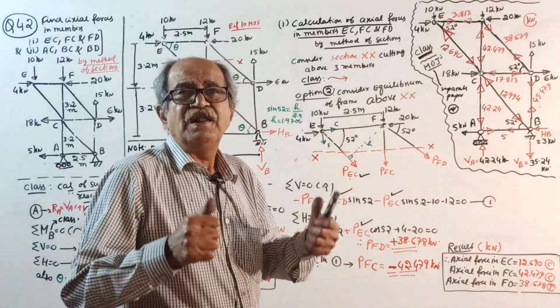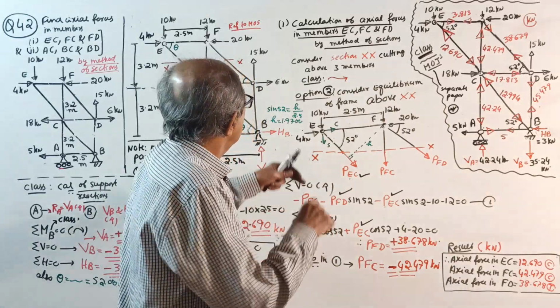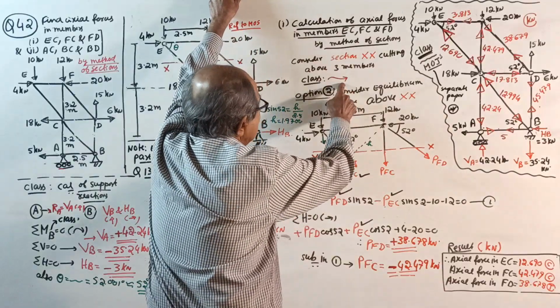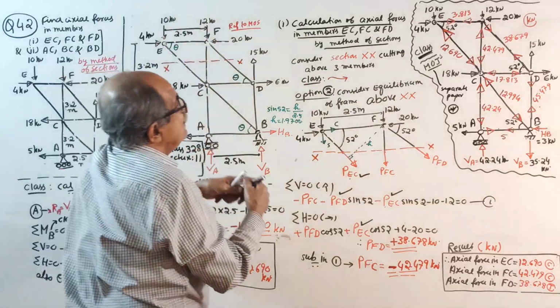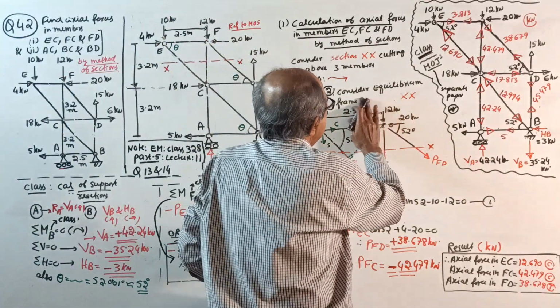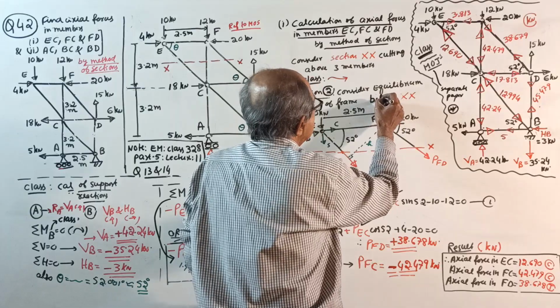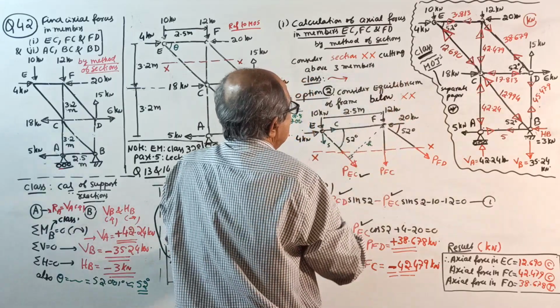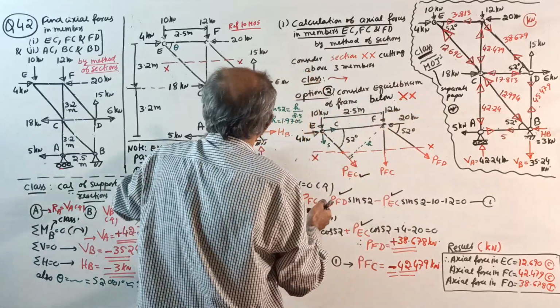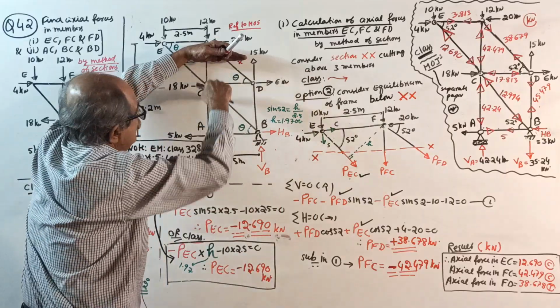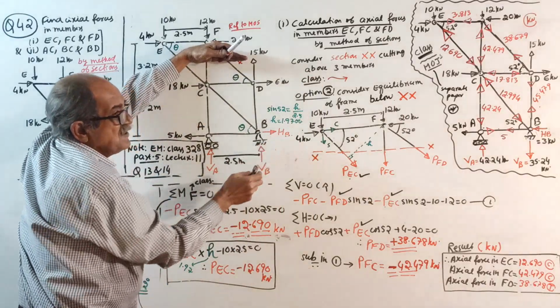But for a thorough understanding, let us see what happens when you cut here. If you look downside, equilibrium is not above, below XX. If you cut here, below XX, reactions are required.